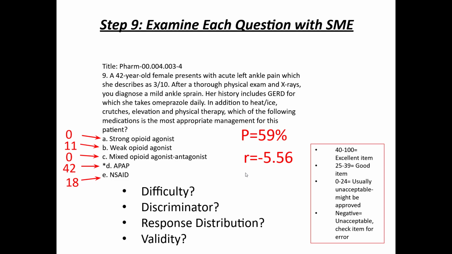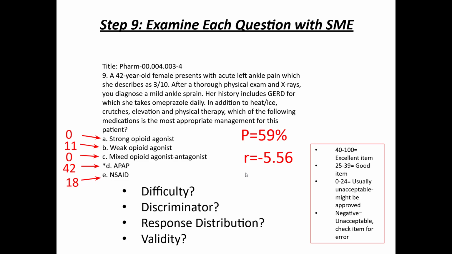Well, now every question that remains is worth more than 1%. Because now you've only got 99 questions. So the 42 people who got it correct get penalized.